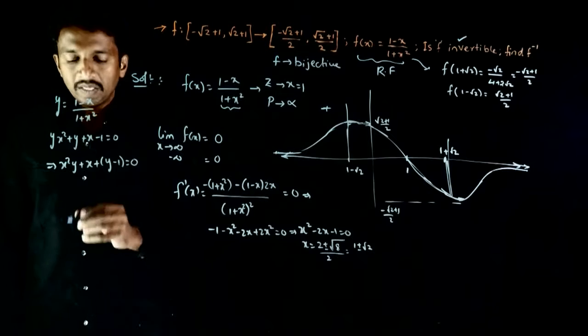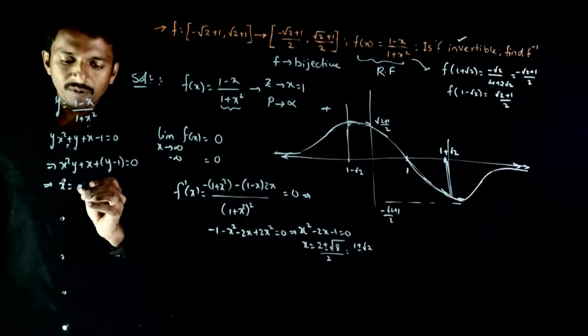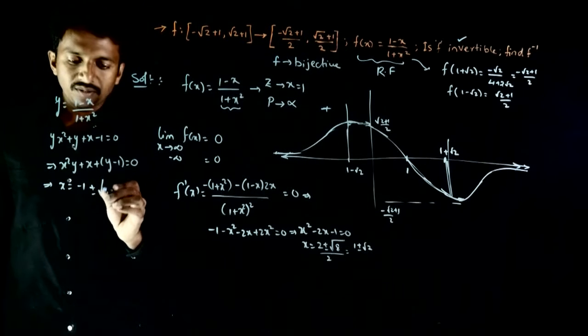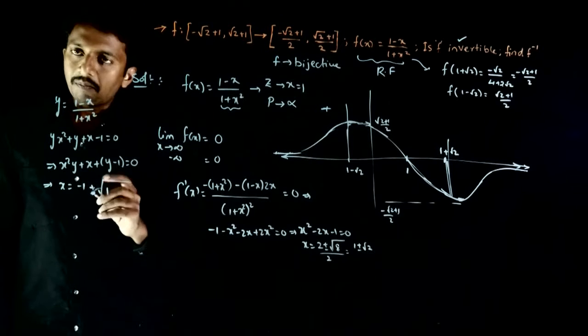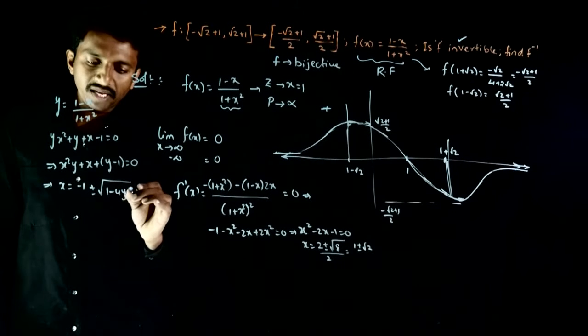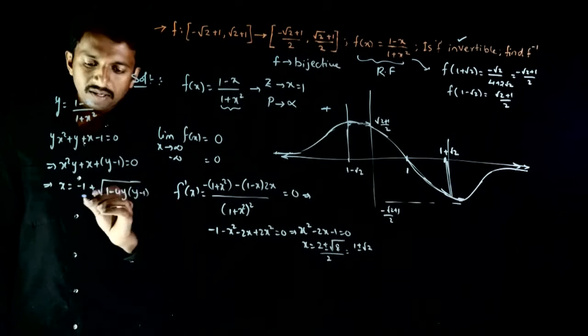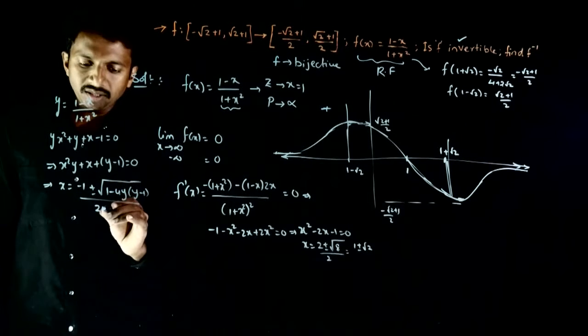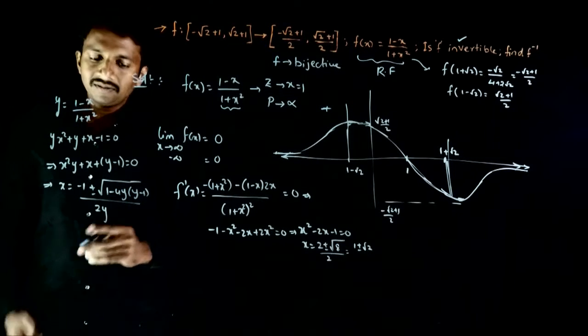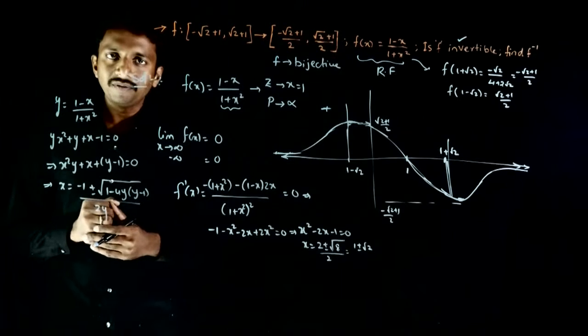Okay. This implies x is equal to minus 1 plus minus root of b square minus 4ac, that is 1 minus 4y into y minus 1, by 2a, that is 2y. So this is nothing but f inverse of y.